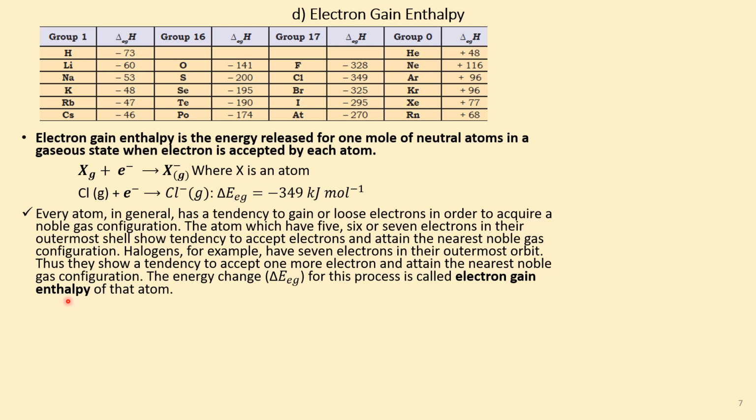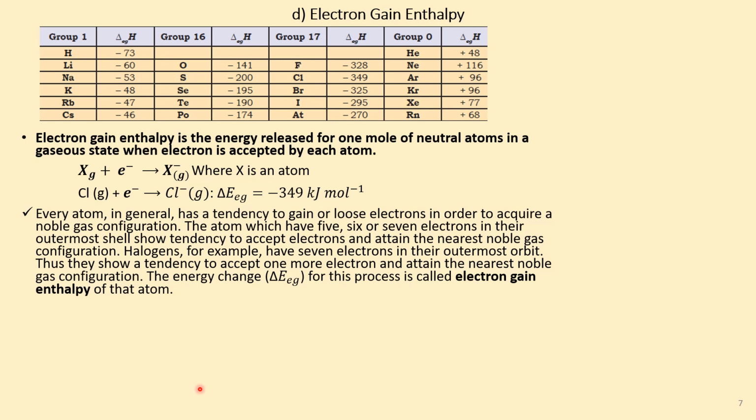Halogens, for example, have 7 electrons in their outermost orbit. Thus, they show a tendency to accept one more electron and attain the nearest noble gas configuration.